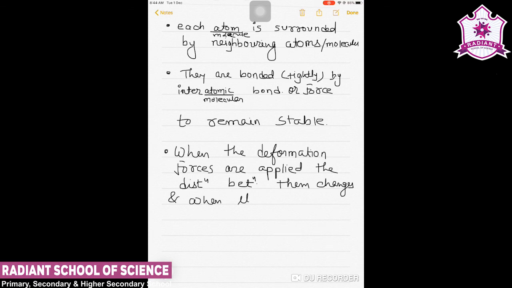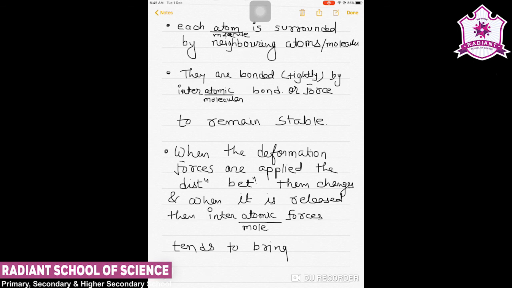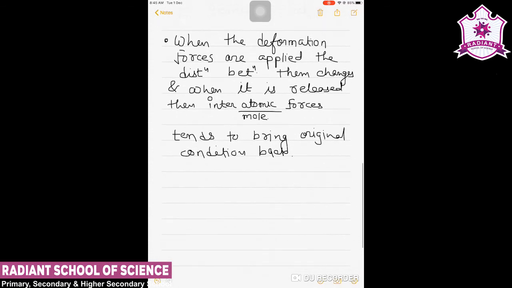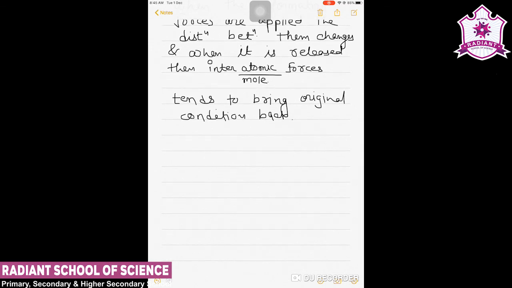When it is released, the interatomic or molecular forces tend to bring the original condition back, which means they have the tendency to get their original old condition back.